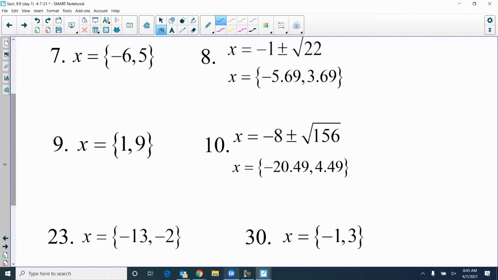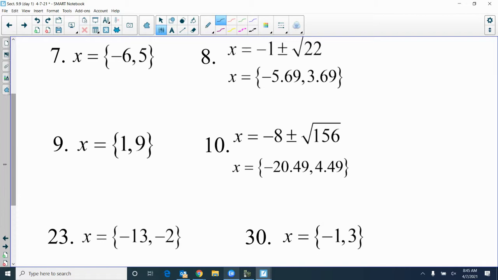Let me see what number 9 looks like. All right. 10, 23. For 10, you should get negative 8 plus or minus the square root of 156.